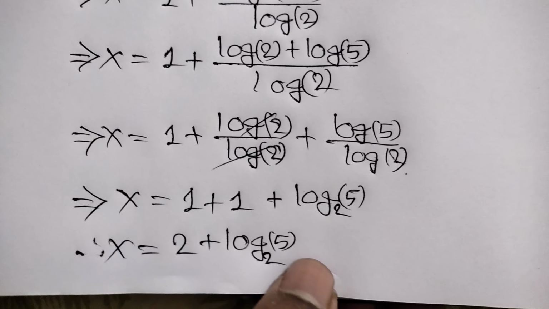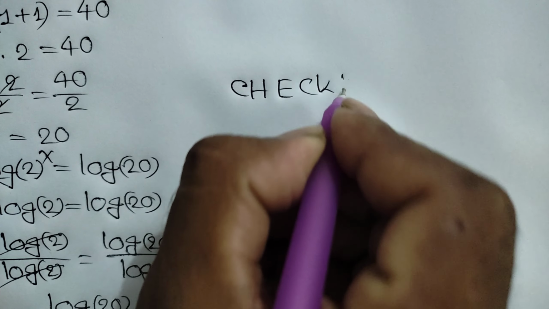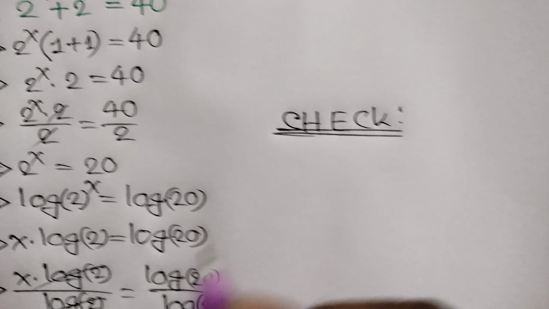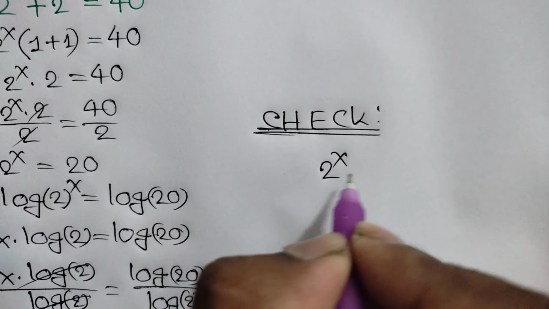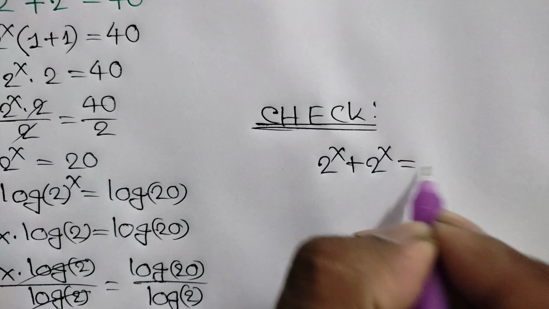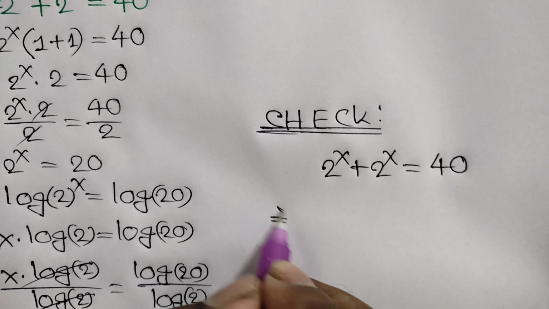Now check. Our question is 2 to the power x plus 2 to the power x is equal to 40.